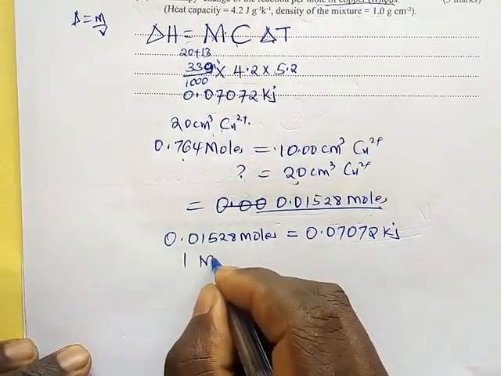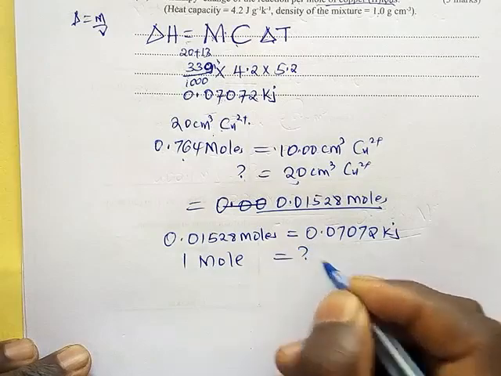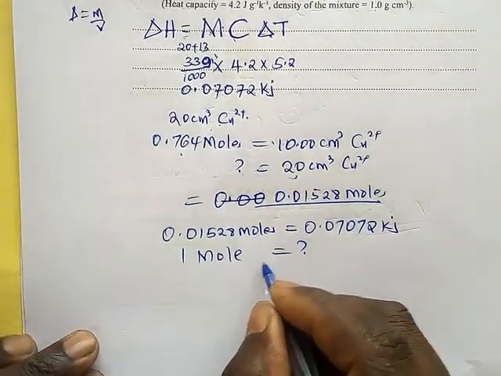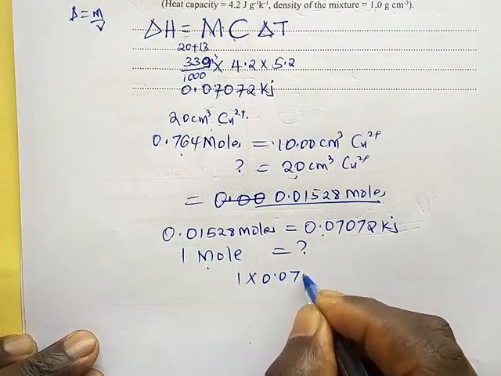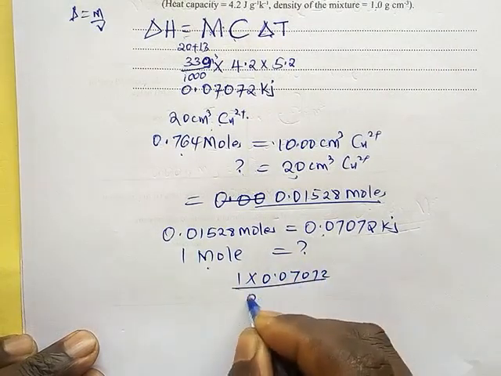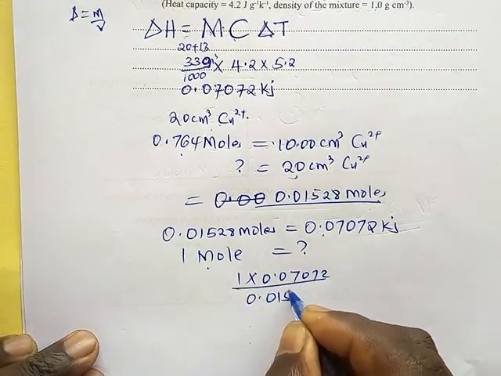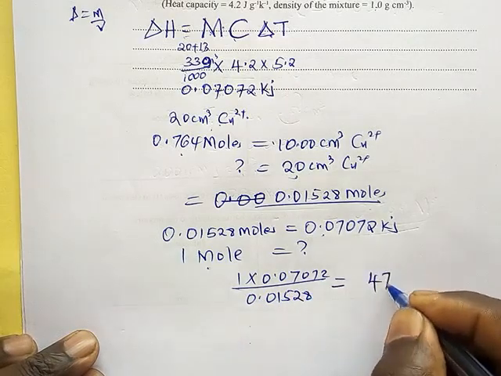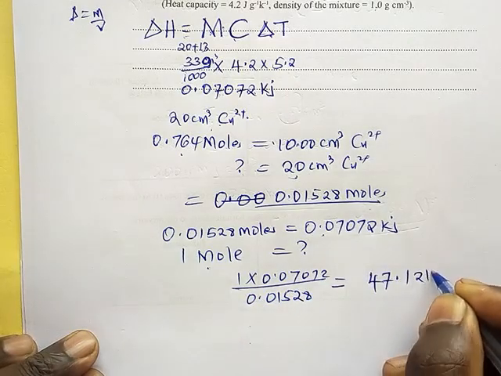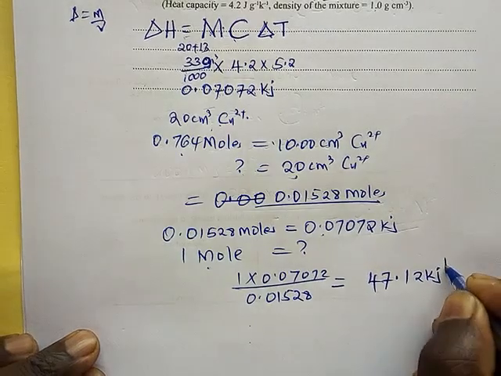And then 1 mole will produce what amount? It is 1 times this, divided by 0.01528, which will give you 47.12 kilojoules per mole.